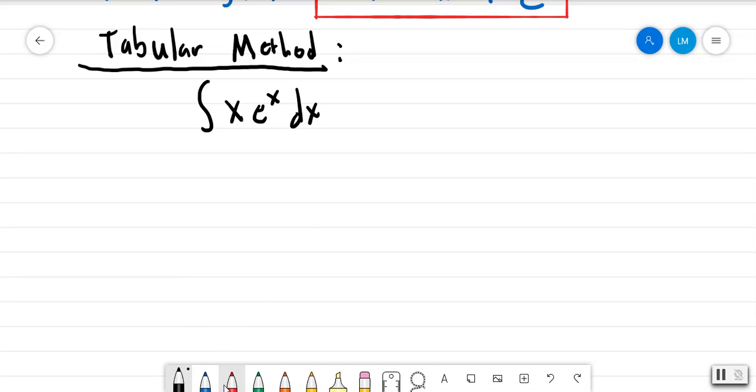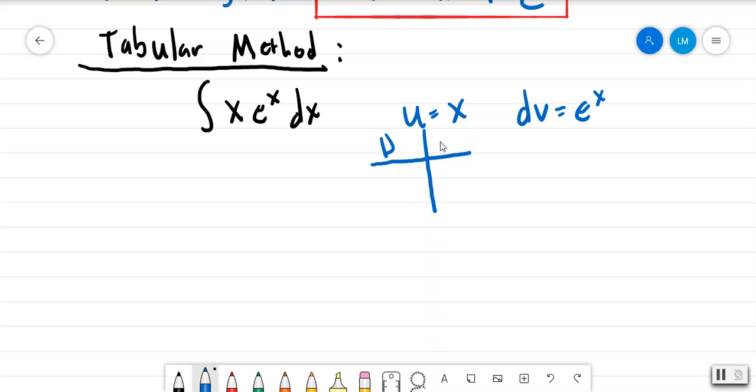We would still find that u is equal to x and that dv is equal to e to the x. The only difference is that I would make a table where I have a column where u will go and a column where dv will go. In this column, we take x and differentiate it until it zeroes out.